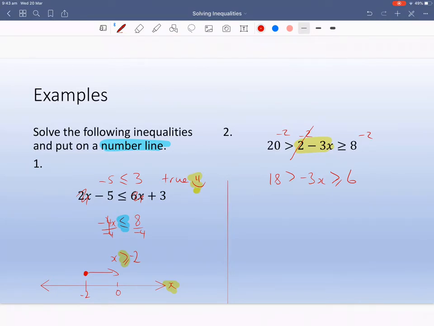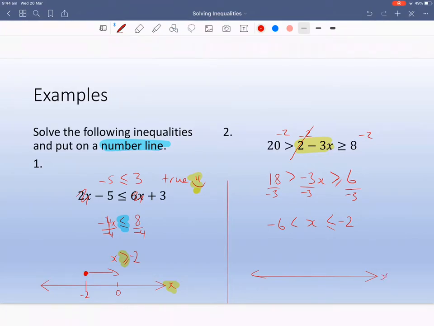Now what I'm going to do is to both sides I have to divide by minus 3. So I'm going to divide by minus 3, divide by minus 3, divide by minus 3. Okay. So I get x, and this will be minus 2, and this will be minus 6. But because I'm dividing by a negative number, the signs change. Okay. All right. So let's pop that on a line.